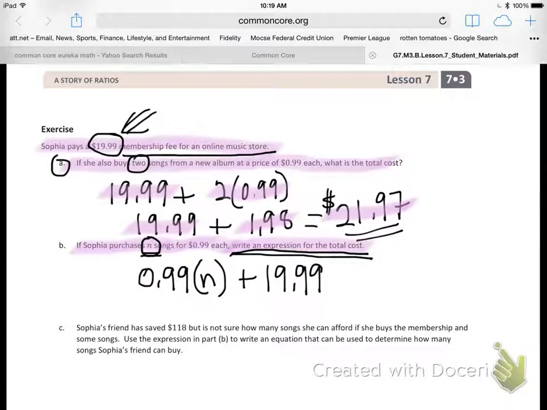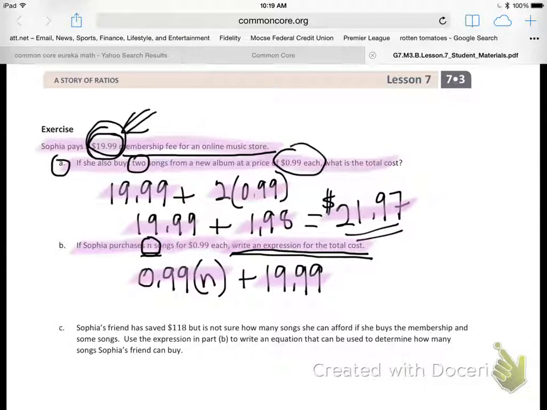So as you can see, that's a pretty simple task. It is not an equation yet. There's no solution. There is just an expression, and that expression would be written as such: 0.99n plus 19.99. And of course, that 19.99 comes from here, the membership fee, and then the 99 cents, of course, comes from here.